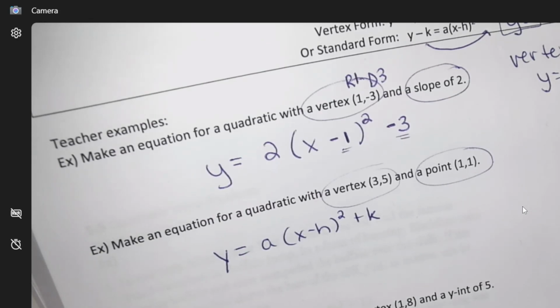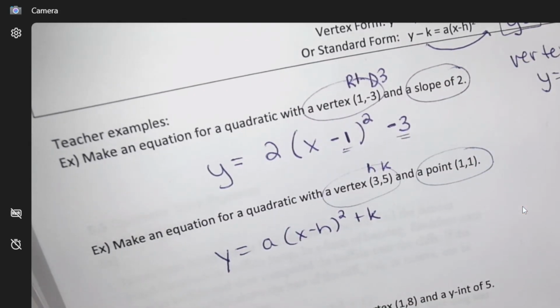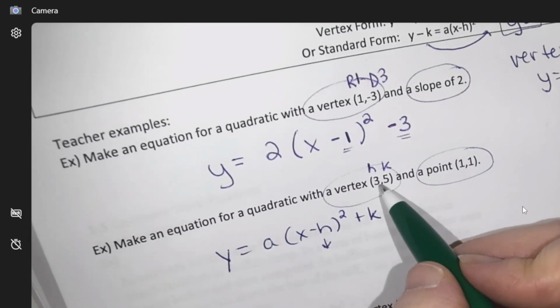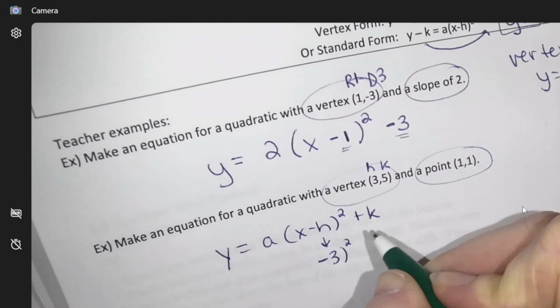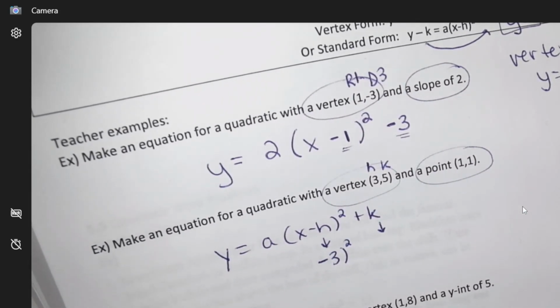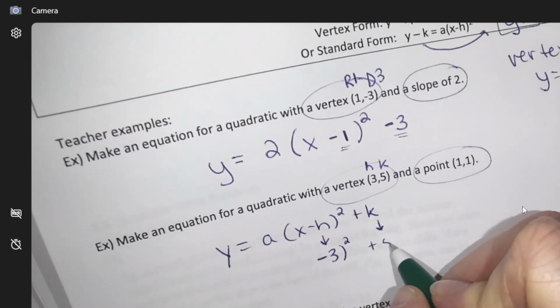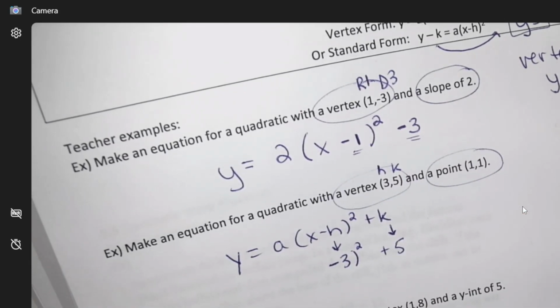Okay, you ready? I'm going to call the vertex the HK. That's the position of the vertex. So underneath the H, if this says positive 3, I'm going to write minus 3. And the K, so that's up 5. So I'm going to write up 5. Okay, I'm continually doing this. This was the opposite, but this was not.